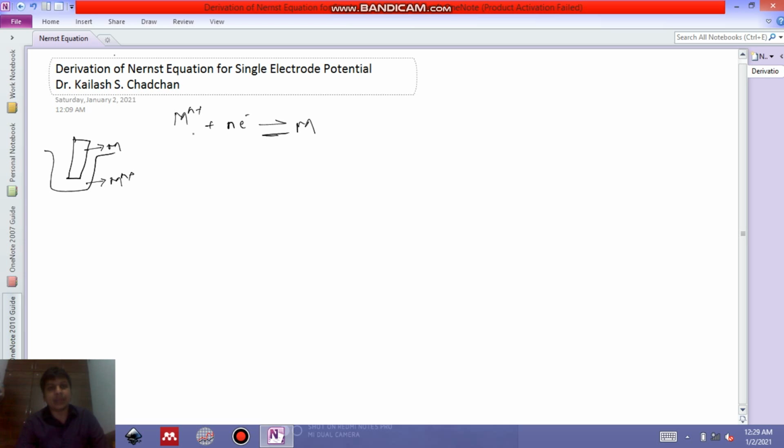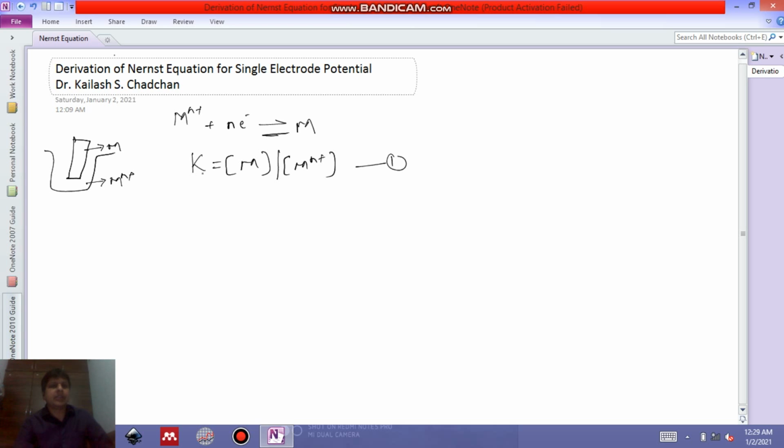The equilibrium reaction can be written as Mn+ plus n electrons gives M. So the equilibrium constant for this particular equilibrium reaction can be written as K equals the concentration of M divided by the concentration of metal ions. Assume that this is equation number 1.